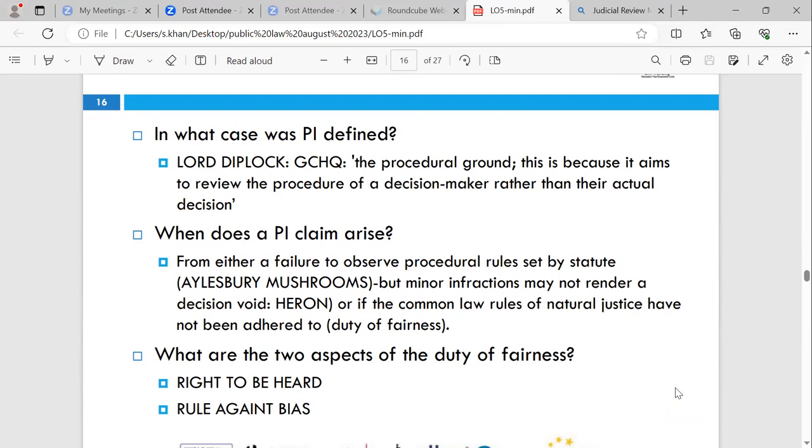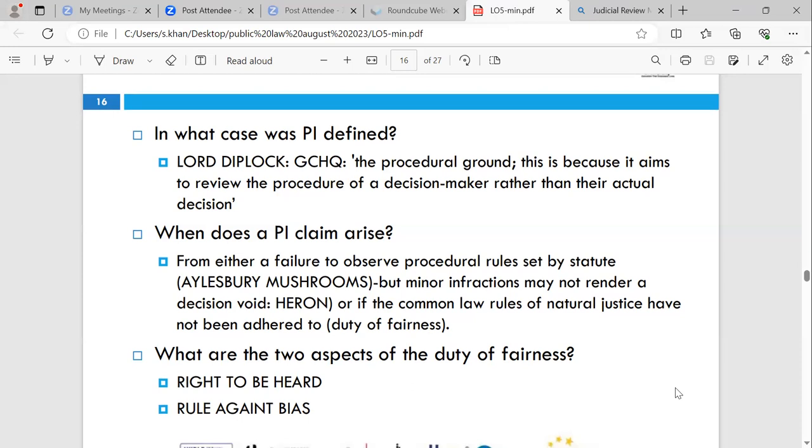When does a procedural impropriety claim arise? From either failure to observe, as we mentioned, procedural rules set by statute, as in the Aylesbury Mushroom case, but minor infractions may not render a decision void, as in the case of Heron, or if the common law rules of natural justice have not been adhered to, which is a duty of fairness.